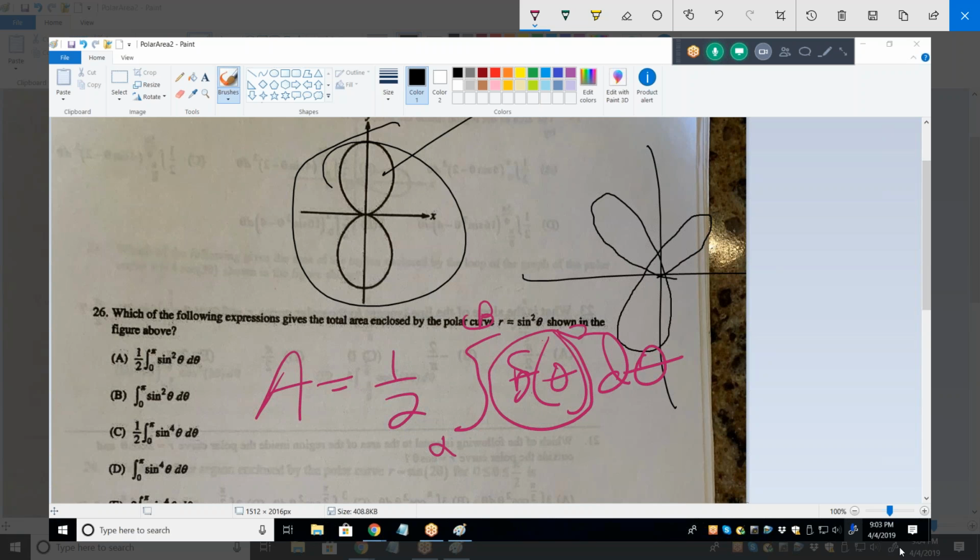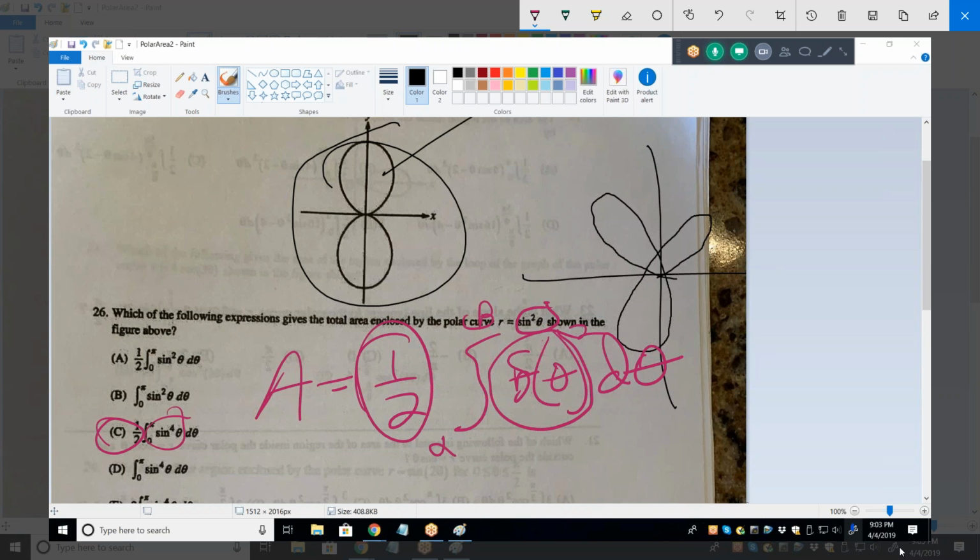So, if this is r, what is our answer? C. C? Yes, there's the 1/2. Sine squared theta squared is sine to the 4th of theta.